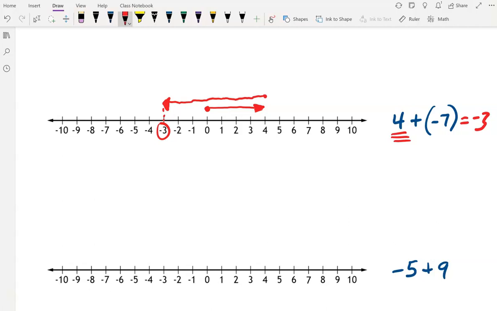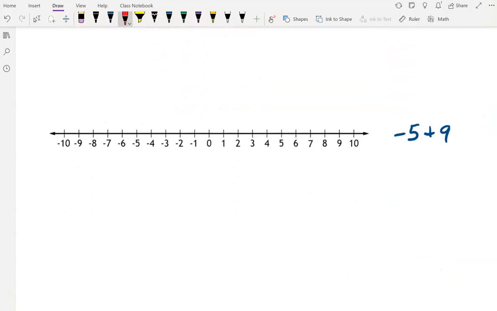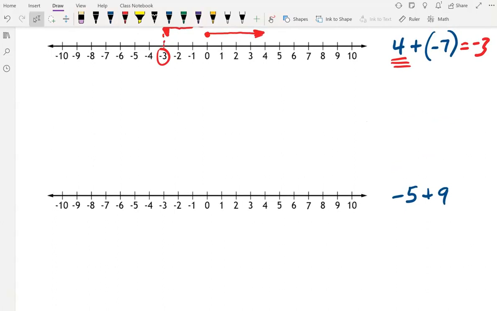Okay. And for our last example here, and these are all pretty simple, we have negative 5 plus 9. So we're going to start at negative 5. So from 0, we're going to move our line to negative 5, which is right there. And from negative 5, we're going to add 9. So we're adding a positive 9.